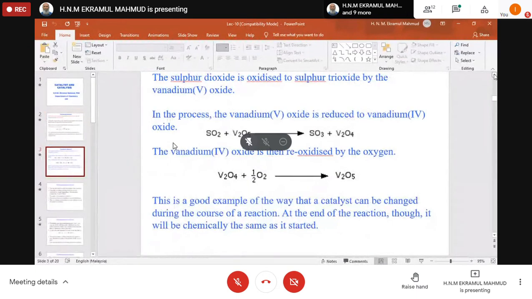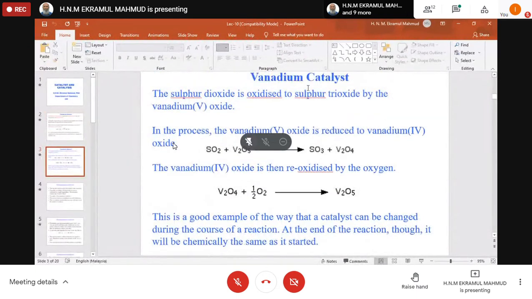Now, sulfur dioxide is oxidized to sulfur trioxide by vanadium pentoxide. In this process, vanadium 5, V2O5, is reduced to V2O4, and SO2 is oxidized to SO3.